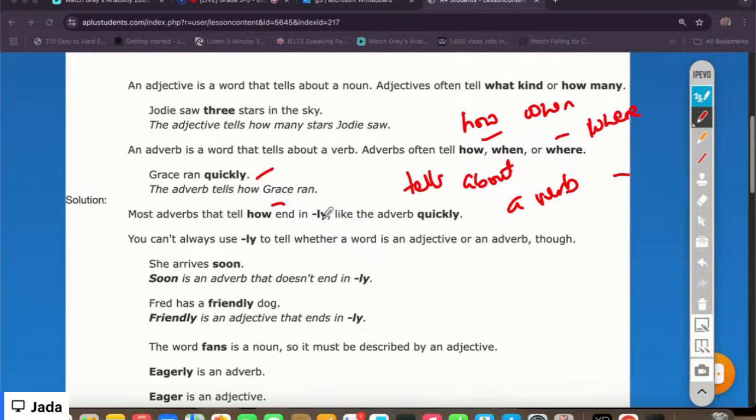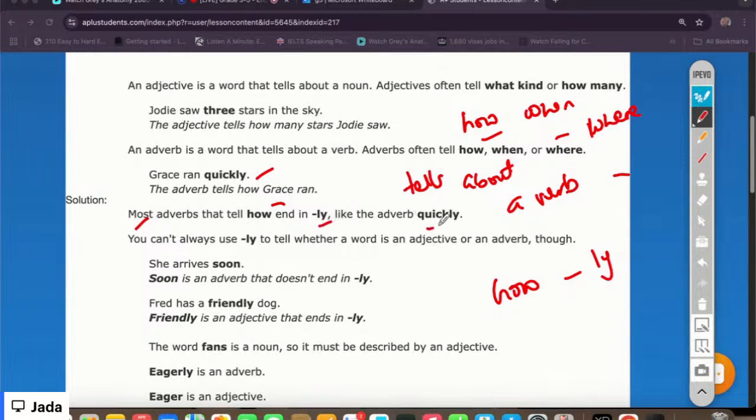Okay, let's look at this first. Most adverbs that tell how usually end with ly.